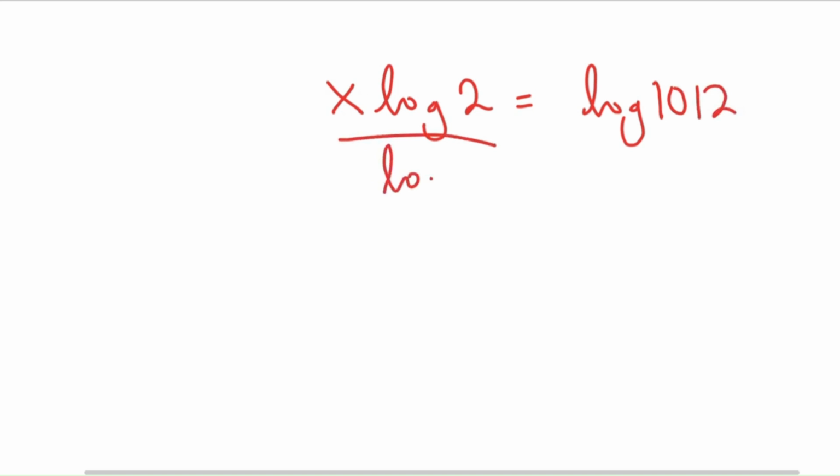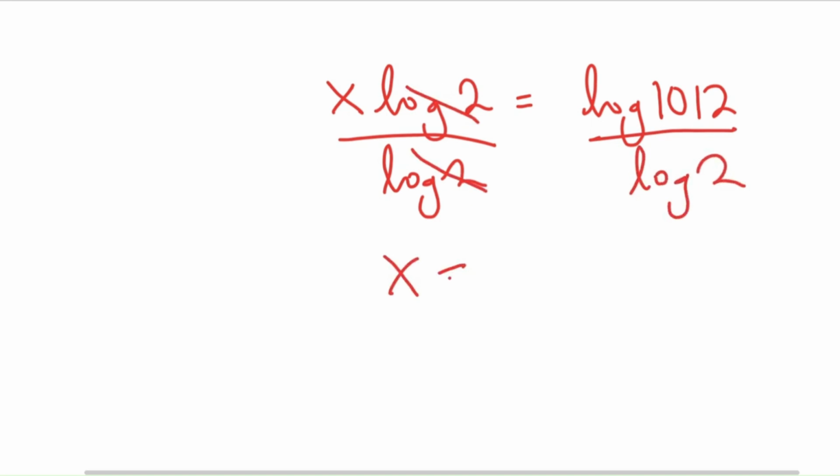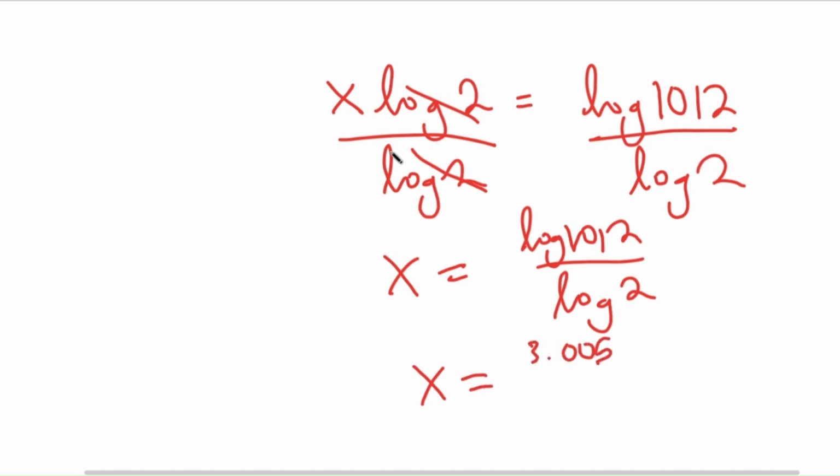Now we want to isolate x, so I'm going to divide both sides by log 2. So these two cancel out, and I get x is equal to log 1012 over log 2. And if I plug this into a calculator, log of 1012 divided by log of 2, log of 1012 is equal to 3.005.